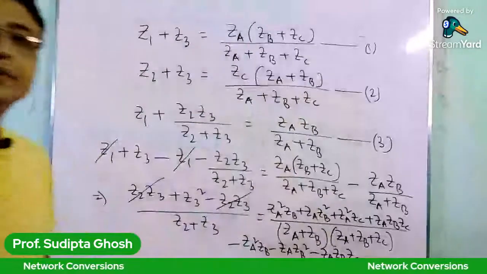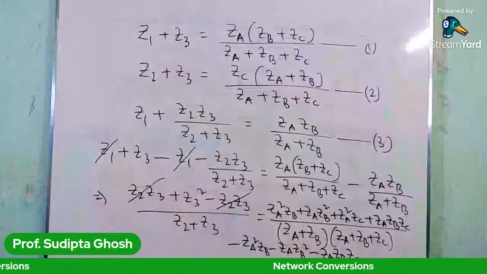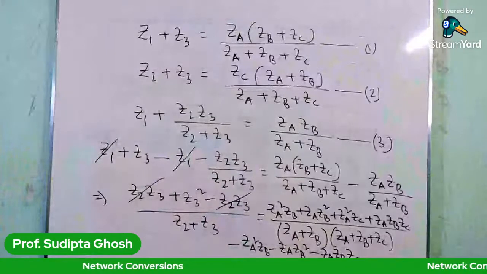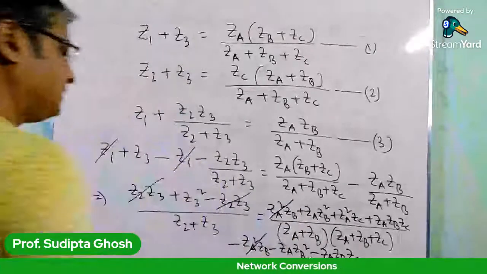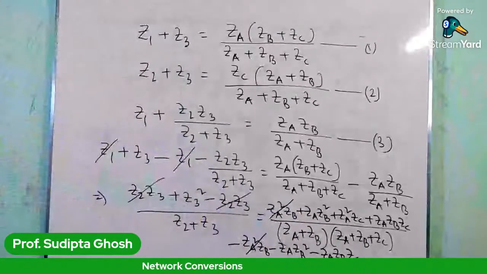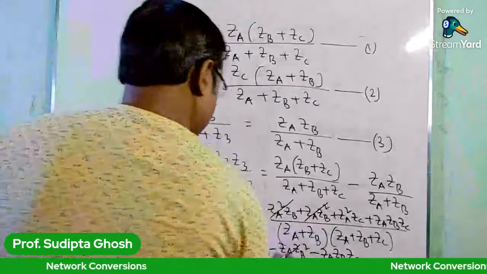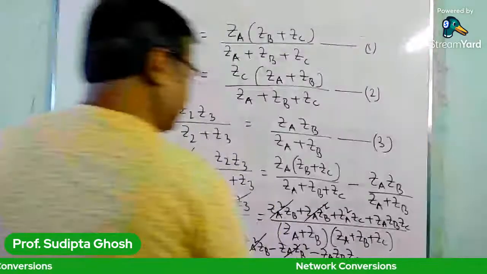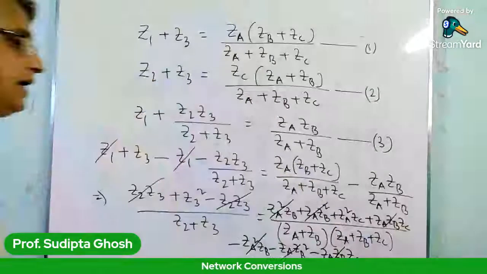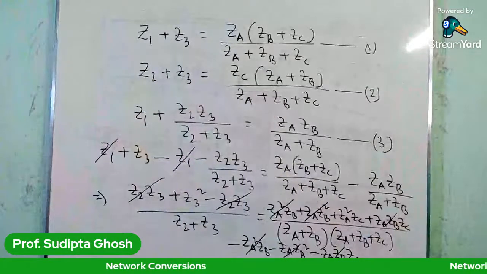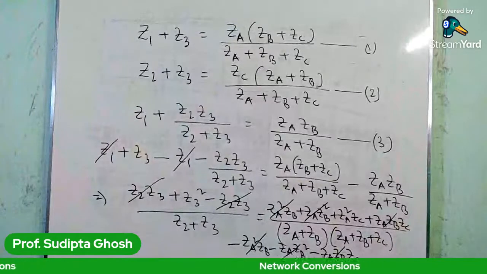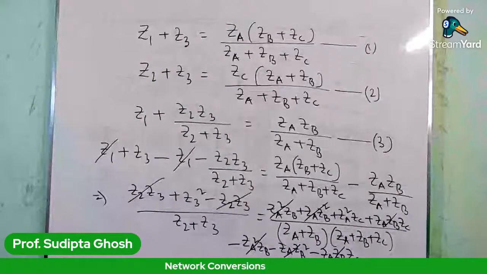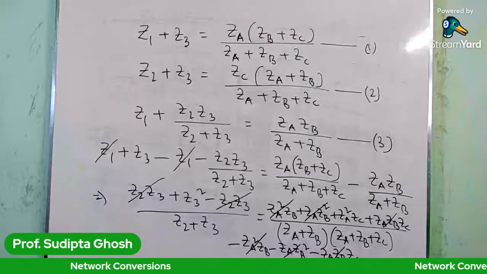So these are the terms for the numerator part, and we can cancel ZA square ZB with ZA square ZB. ZA ZB square can also be cancelled, and ZA ZB ZC can also be cancelled. So in the numerator of the right hand side, we have ZA square ZC divided by the entire ZA plus ZB with ZA plus ZB plus ZC.